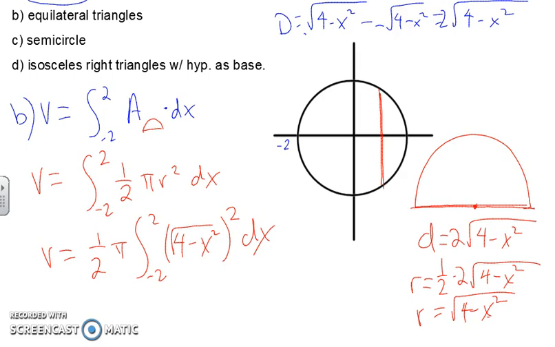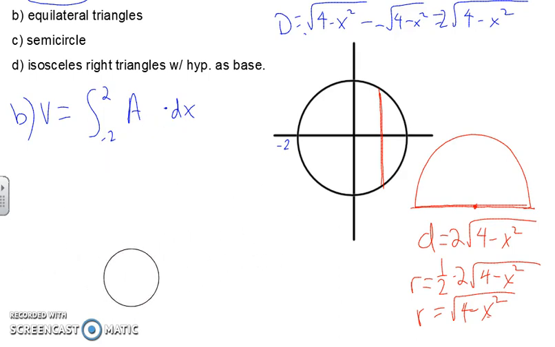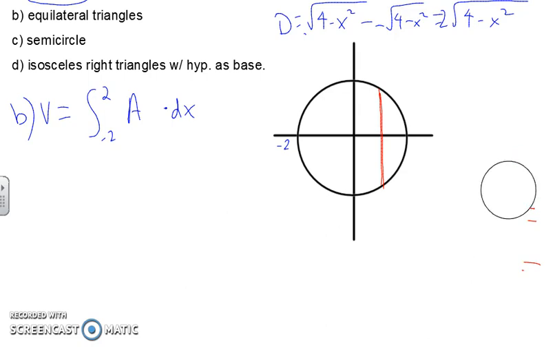And then the last shape that we have is the isosceles right triangle. All right? Or also known as the 45-45-90 right triangle, where again, this will be the hypotenuse. So basically what I'm looking at, and forgive my freehand drawing here, but this chord is the representative of each one of these 45-45-90 right triangles, right?